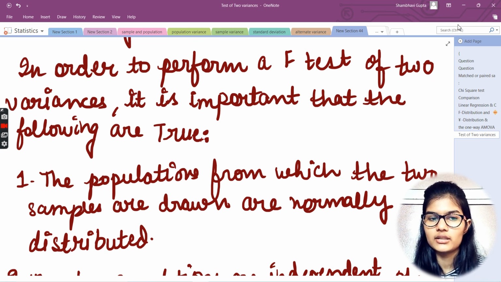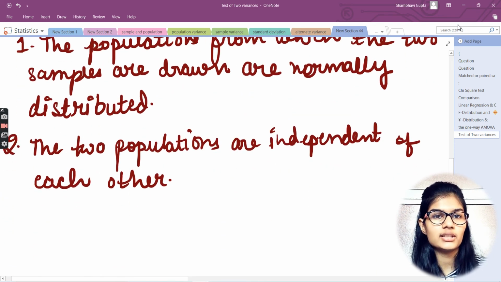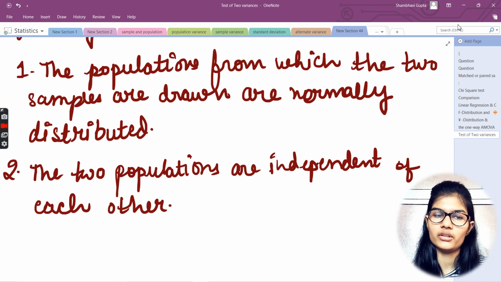The very first one is that the populations from where the two samples are drawn are normally distributed. Next, the two populations are independent of each other, both of them independent of each other.